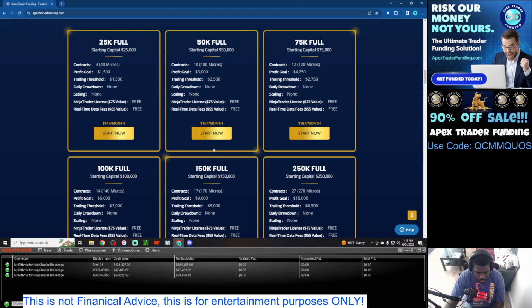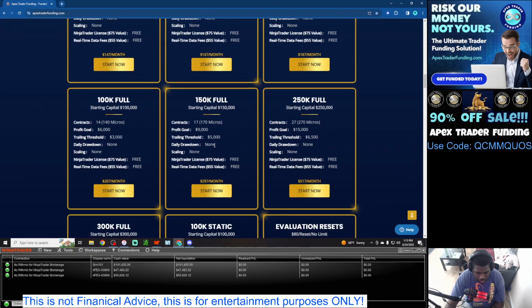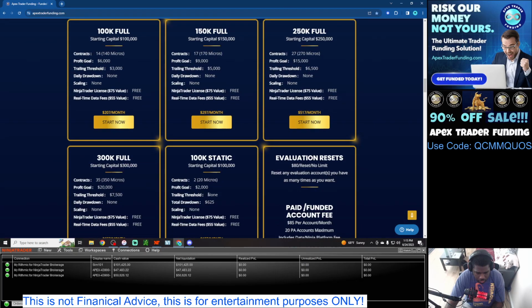Let me just double check. Okay, so from the static account, there's a drawdown, which is $625. And then from here, you don't have a daily drawdown.